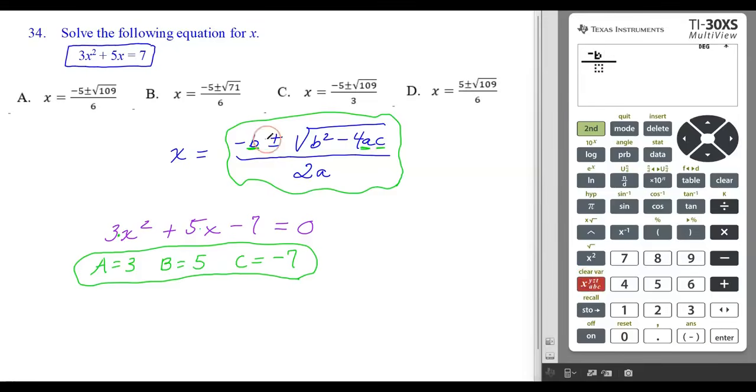It says negative b, that matches with this. Then it says plus or minus. You can use the plus operation or the minus operation. I suggest using the plus operation. So plus square root, right above the x squared. Hit the second button, x squared. And now I'm going to punch in b squared. So hit this repeatedly till it says b.